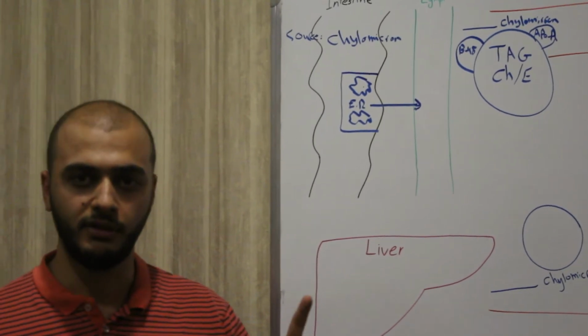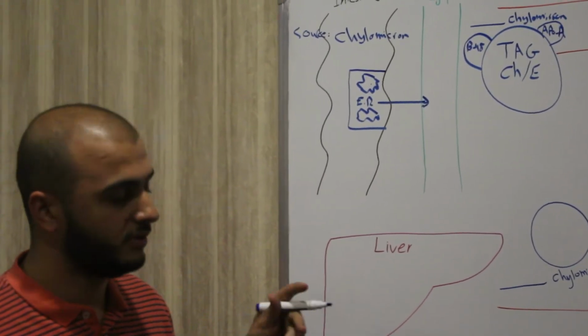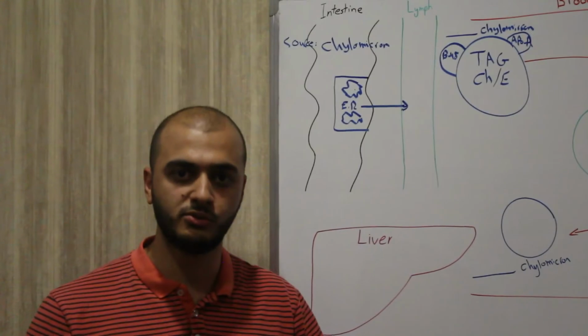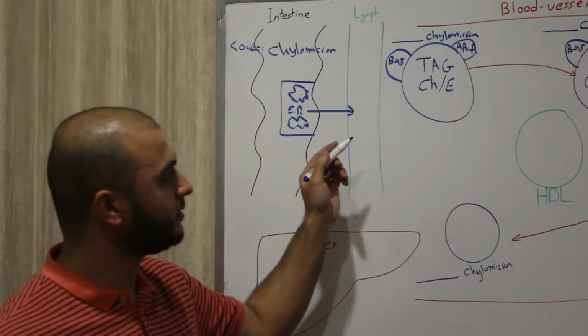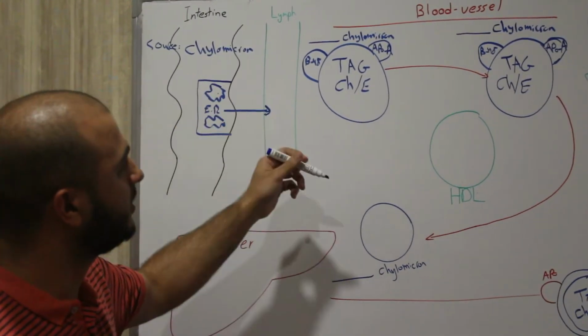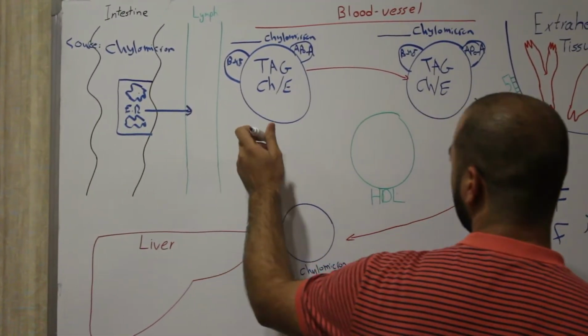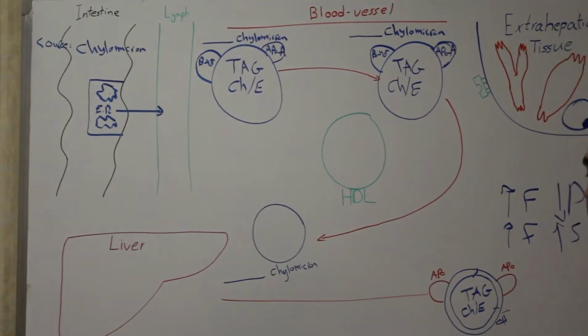This is called the venous angle. So that is the place where the lymph drainage ends. From there, the lymph drains into blood, and chylomicron is transported into the blood.